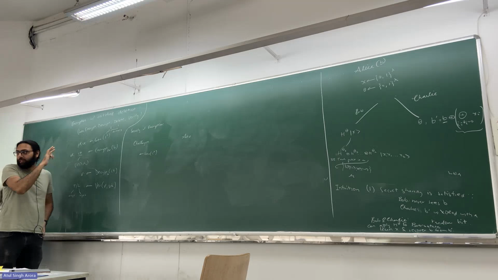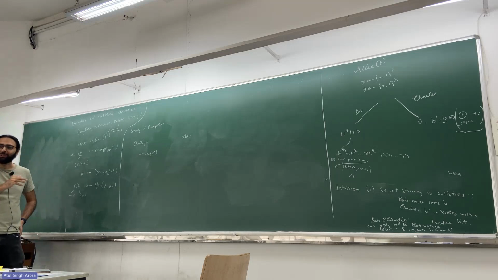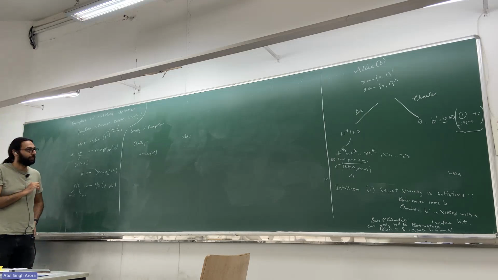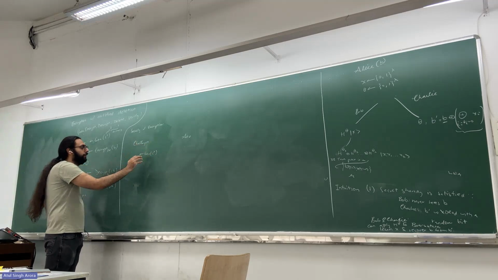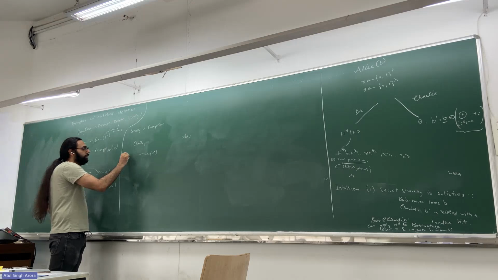Similarly, 0 lambda and so on. It's not 0 to the power lambda or 1 to the power lambda, that would be redundant. So the challenger starts by running gen on some security parameter lambda, 1 to the lambda, and gets the public key and the secret key.